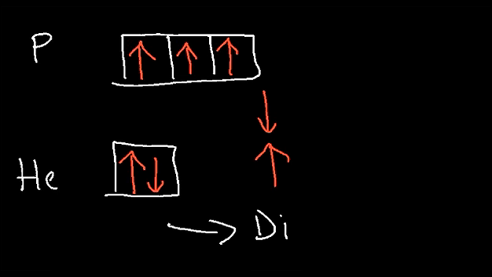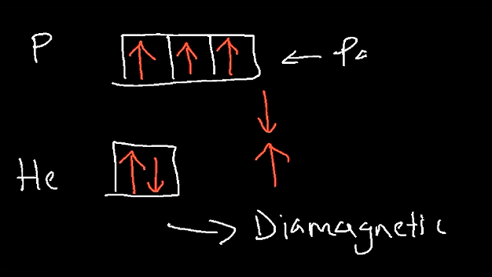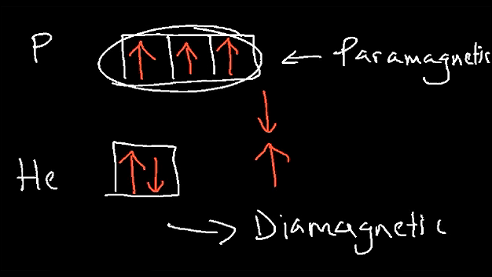So therefore, it's diamagnetic. But this one is paramagnetic. The spins of those three electrons can align themselves with a magnetic field. And so paramagnetic substances are attracted to a magnetic field, whereas diamagnetic substances are weakly repelled by it.